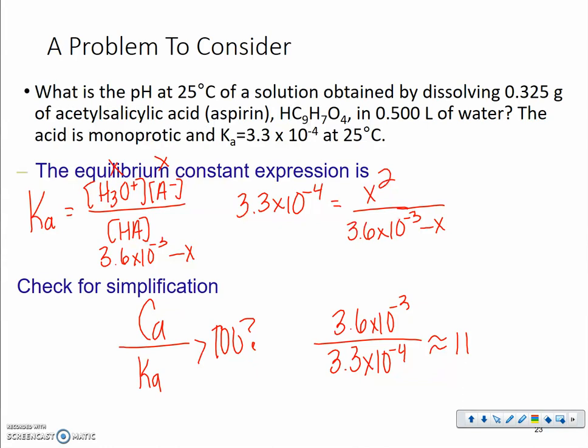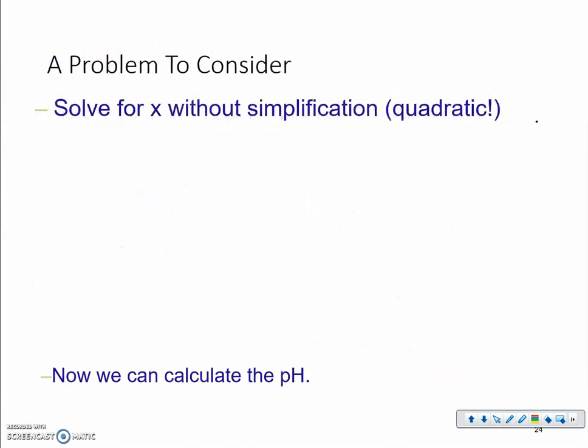So it's the same idea as chapter 14. You would want to multiply both sides by your denominator, distribute your 3.3 value to everything, get it into the quadratic setup, which would be ax squared plus bx plus c is equal to 0, and then solve for x using the quadratic formula.